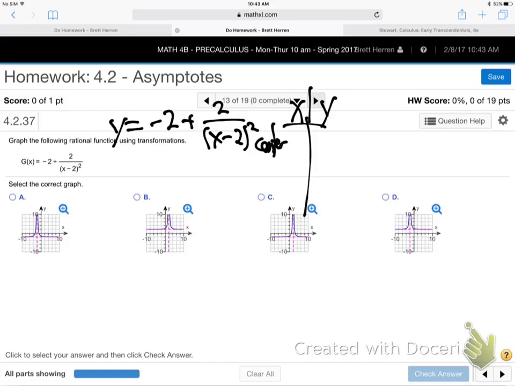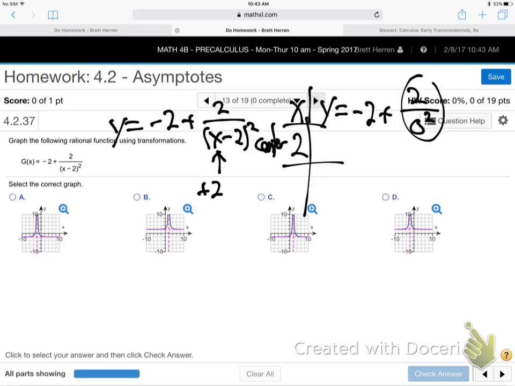So what am I going to plug in for the center point? +2. Right? Whatever will zero out the x zone, the parenthesis x world. So plug in whatever will zero out the x zone. That'd be +2. And then find your y from there. So negative 2 plus 2 over, that's just going to make 0.